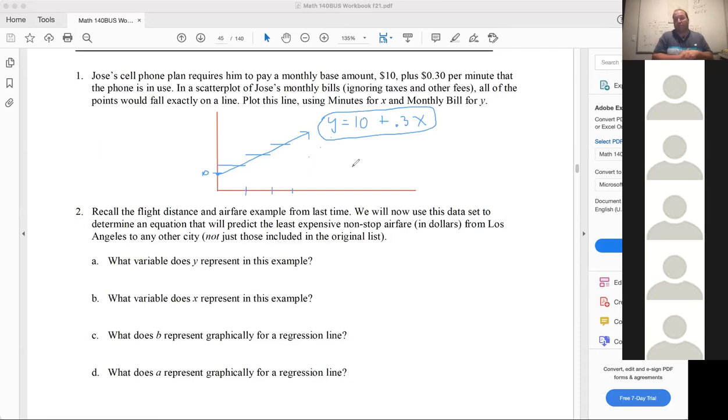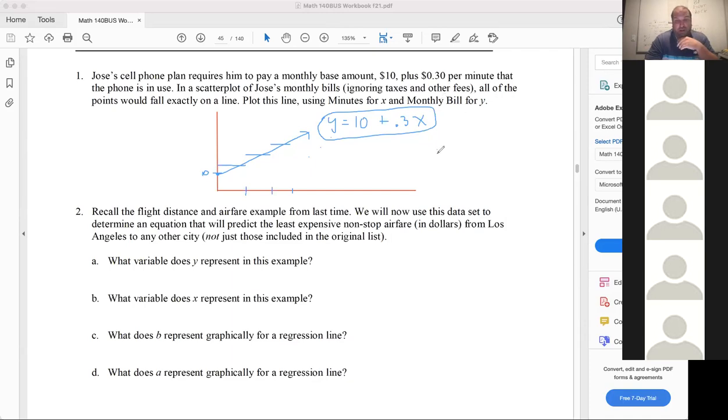Because of that, all my points are going to fall on a line, because the only reason they'd fall off the line is due to randomness, but there is no randomness. It's exact. So every bill would have an x, y relationship satisfied by this formula. Does that make sense? Yes.